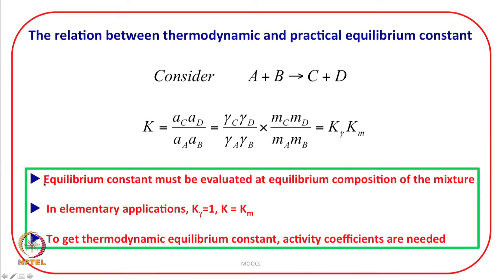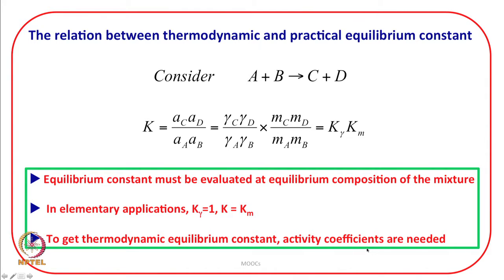That means evaluation of the equilibrium constant will require knowledge of the values of activity coefficients at the equilibrium composition of the mixture. And in elementary applications, we put K gamma equal to 1.